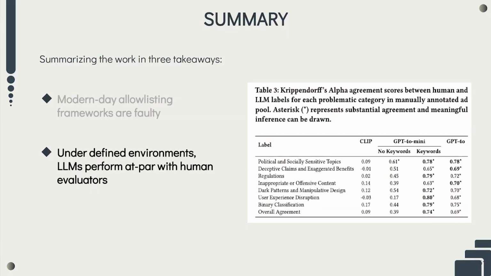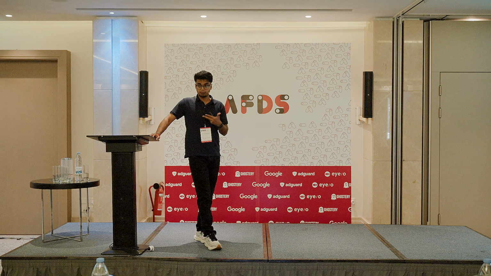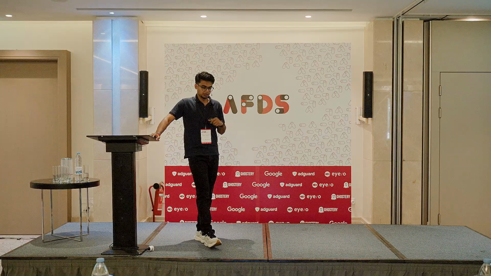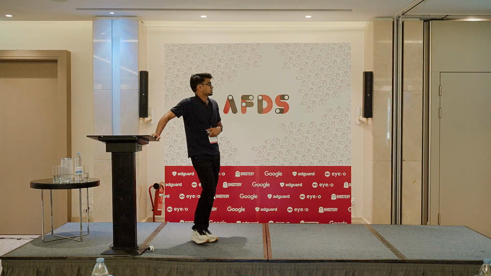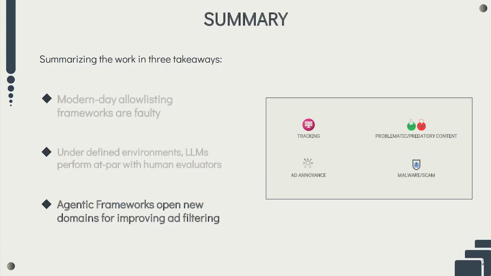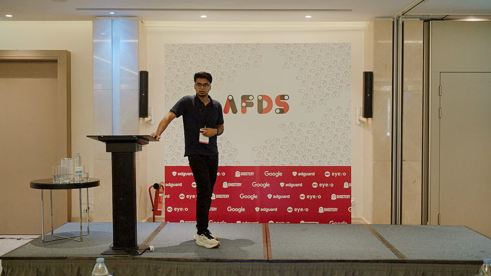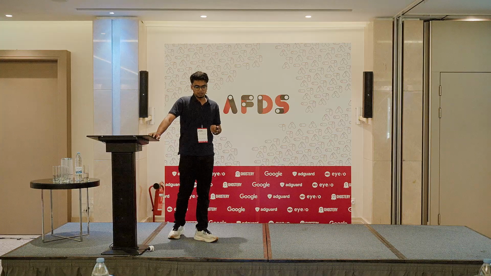Under defined or constrained environments, LLMs or VLMs perform at par or sometimes better than human evaluators, and it's scalable. And agentic frameworks definitely open new domains for improved ad filtering and allow listing. That would be the end of the presentation, and thank you.